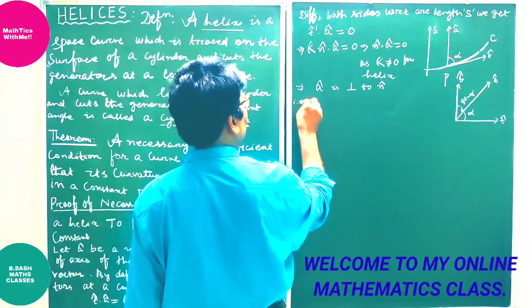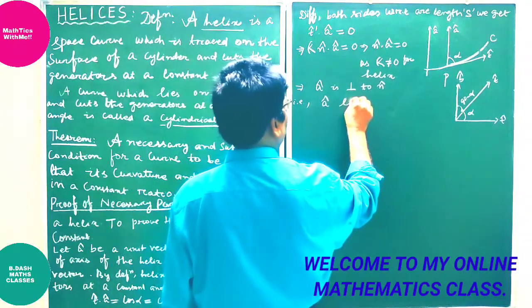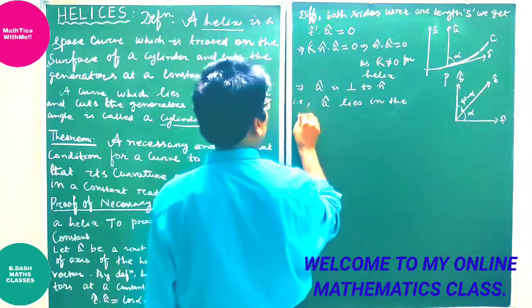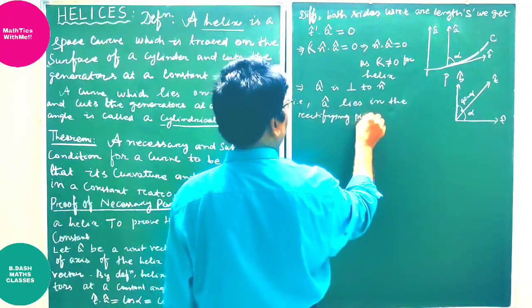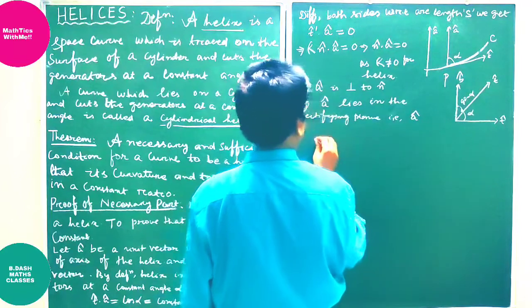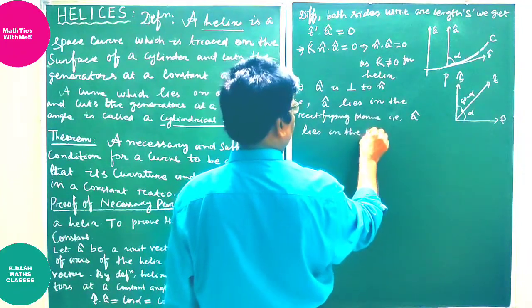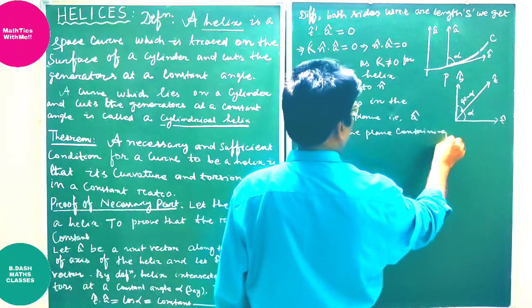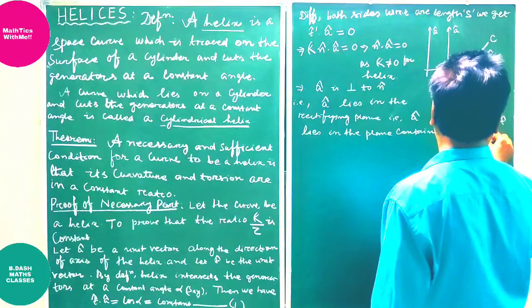That is, a cap lies in the rectifying plane, that is, the plane containing vectors t cap and b cap.